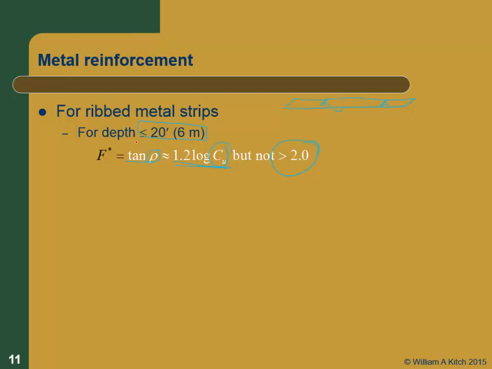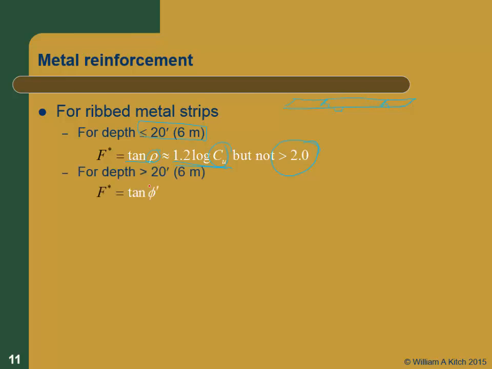Your soil is going to be dilative, right? And because it's going to be compacted, so it's going to be dense. It's going to be dilative, and because you have the ribs in there, you're going to essentially get some horizontal bearing capacity, because you're going to cause the soil to dilate during shear, and you're actually going to get an apparent coefficient of friction that's greater than 1, amazingly.